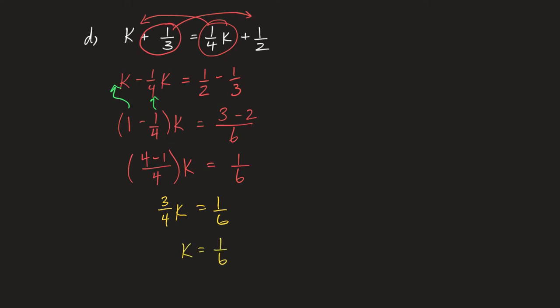I have my 1/6. Now, to get rid of a divide by 4, I would need to multiply by 4. So I can automatically write in my times by 4. And then at the same time, to get rid of a times by 3, I'm going to divide by 3.